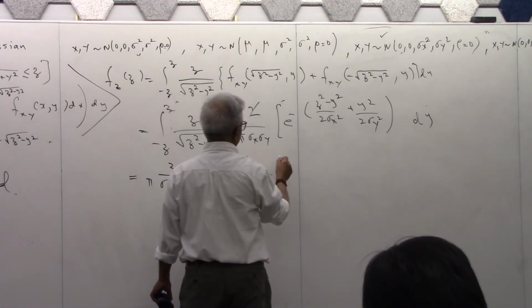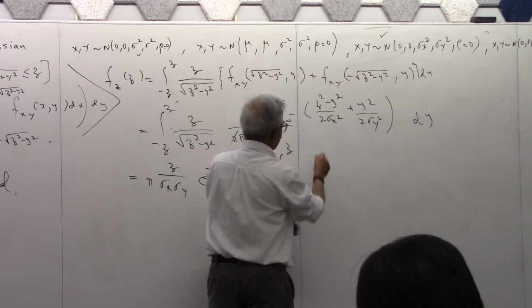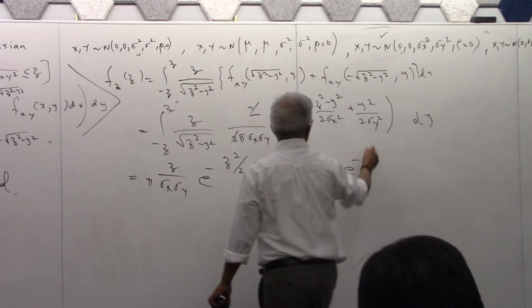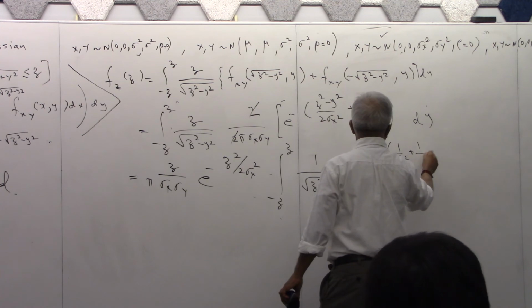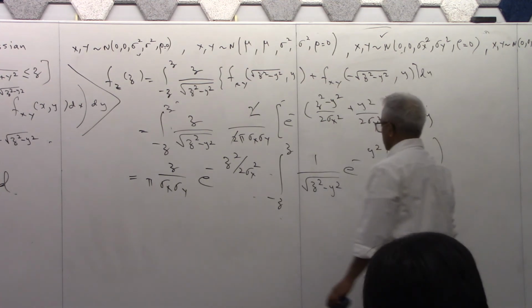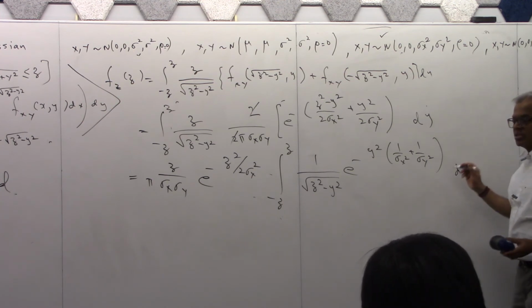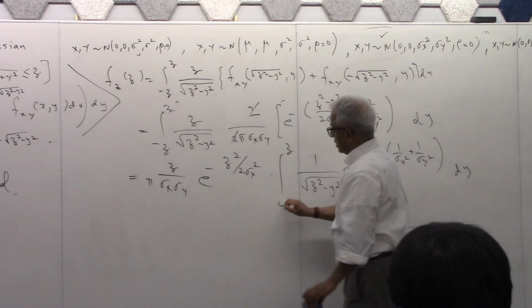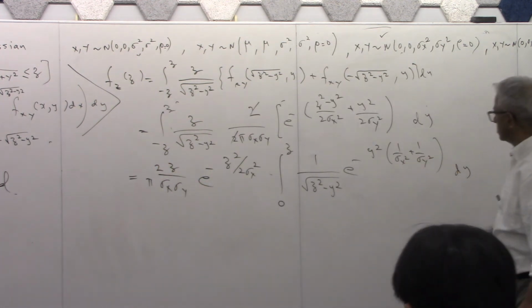And then you get integral minus z to z. Z we took care of it, 1 over z squared minus y squared, e raised to minus y squared. And again, since y is symmetric, I mean, it's an even function, you can write this from 0 to z, 2 times this one. So the question is, how do you simplify this?